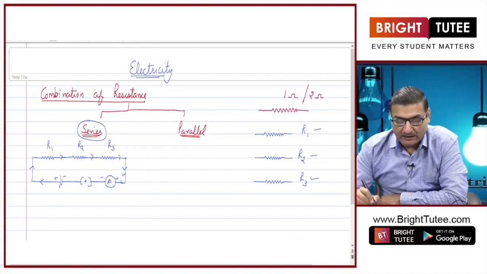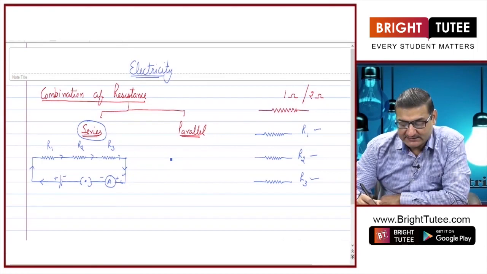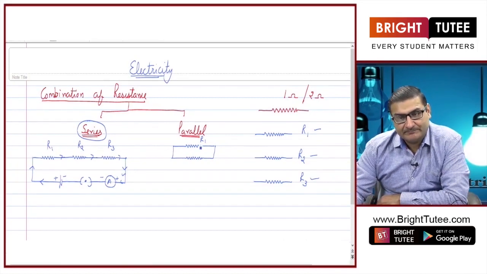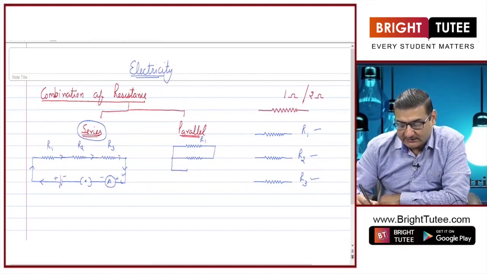Fine. Now there is one more option, that we connect these resistances like this. This was the first resistance R1. I'll connect this resistance in parallel to the first resistance, and another resistance is also connected in parallel.